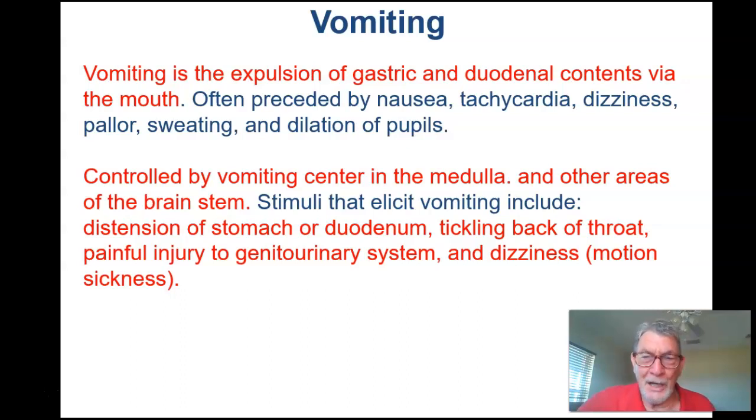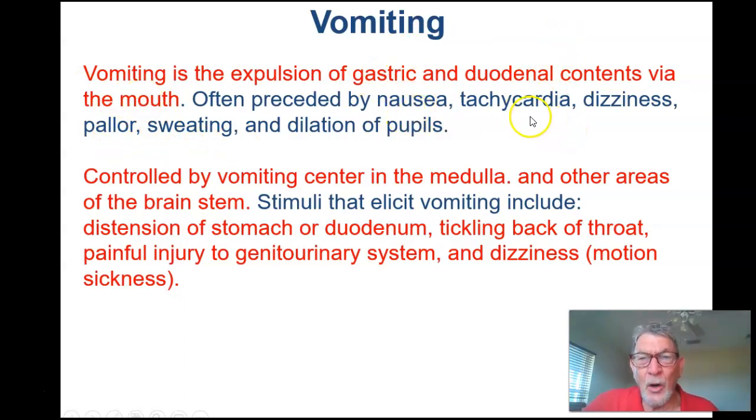It tricks your body into thinking there's something in your stomach that has to go, and it makes you vomit. It's not like it's particularly useful to vomit if you have the flu, but you might. Vomiting is you get rid of the stomach and the proximal duodenal contents, because those are the ones that are signaling that something is wrong, and of course it comes out of your mouth.